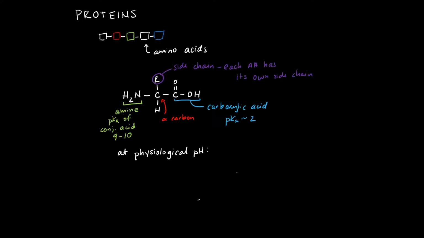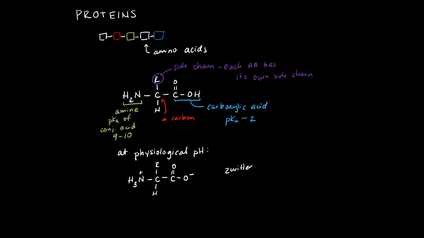So for our amine group, the conjugate acid there has a pKa of 9 to 10. That's greater than our pH, so that means that this group will be protonated. Conversely, our carboxylic acid group has a pKa lower than our pH. That means it will be primarily in the dissociated form.